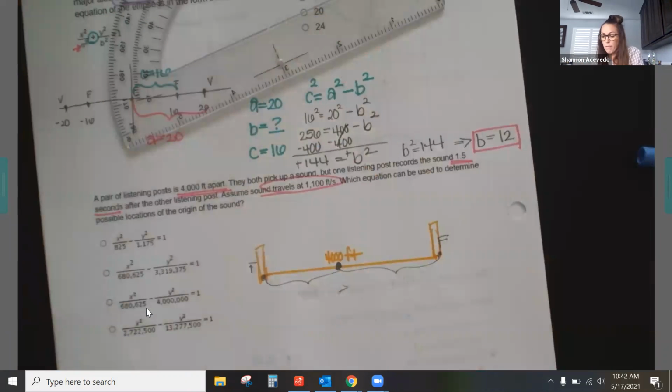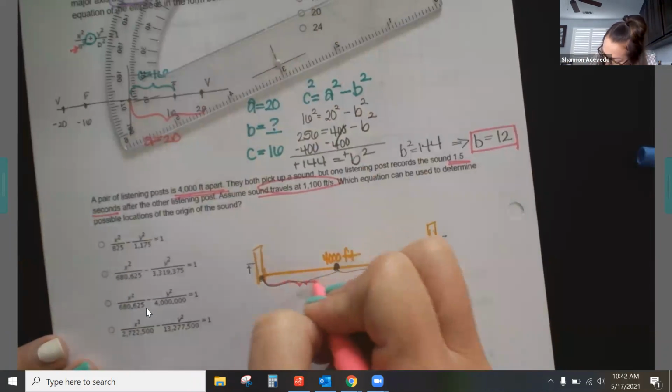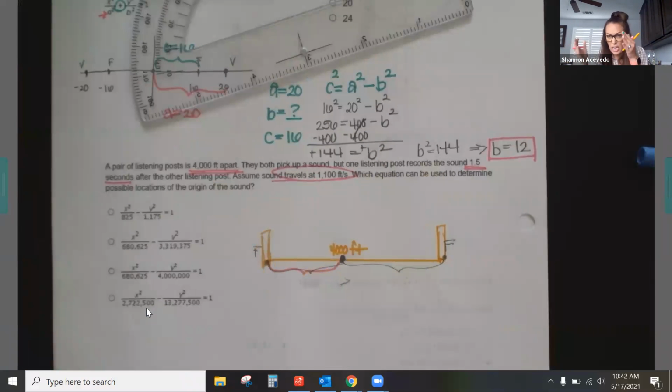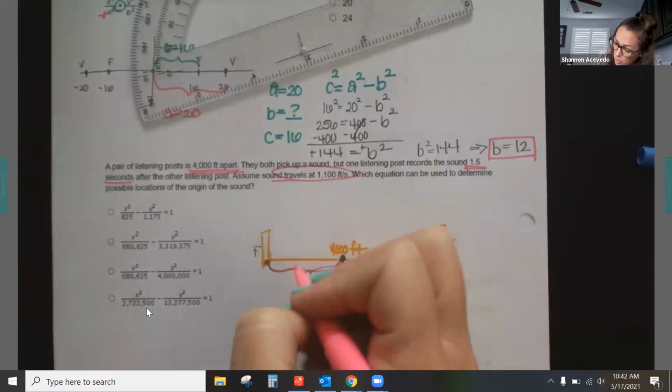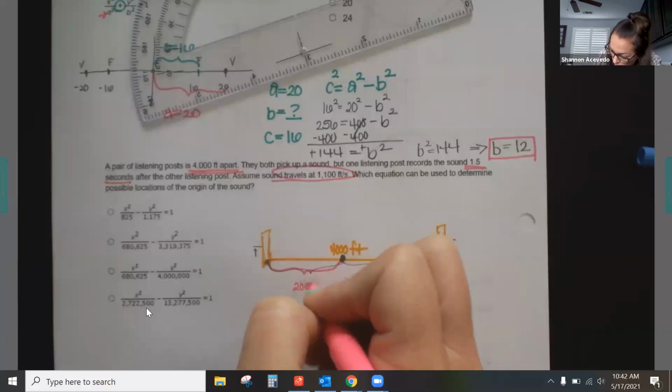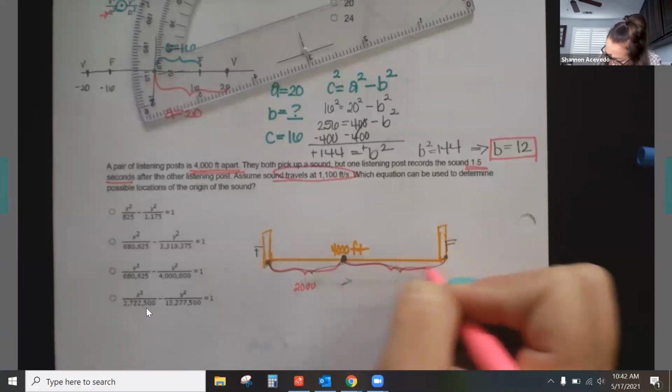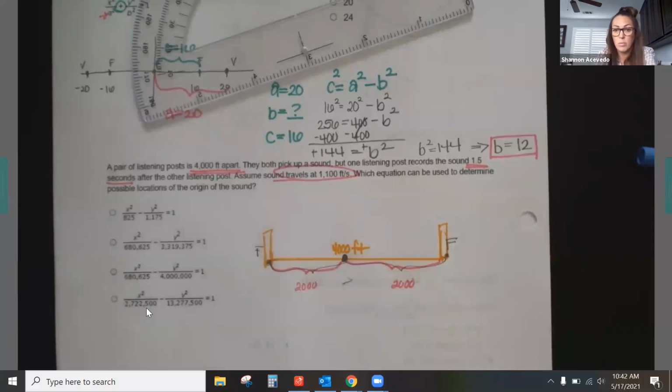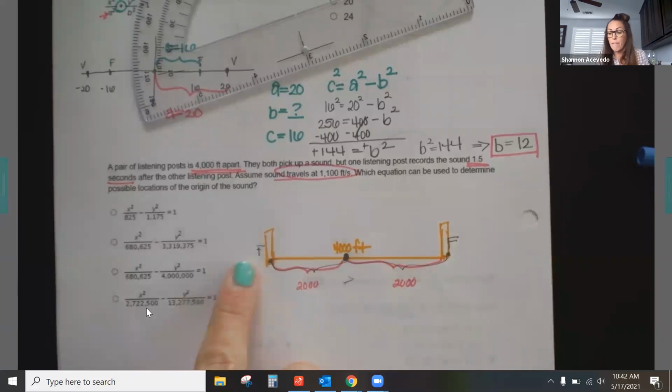Okay, so those are 4,000 feet apart. Then from here to here, at that origin, the center of where it's going to be. They didn't say it's at the origin, but we're going to do it because that's our easiest spot to pick it from. So this would be then 2,000, and this would be 2,000, right?